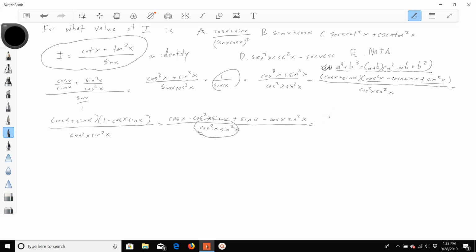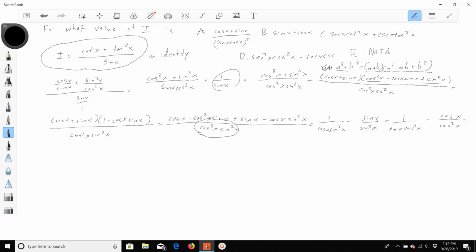So when we do that, we're going to get 1 over cosine x sine squared x, minus sine x over sine squared x, plus 1 over sine x cosine squared x, minus cosine x over cosine squared x. Now we do some simplifying here.